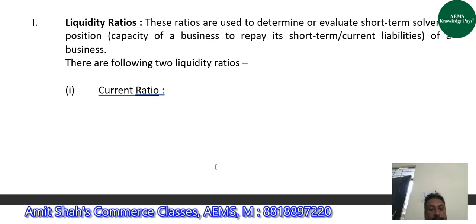Current ratio guys is the ratio of current assets to current liabilities.